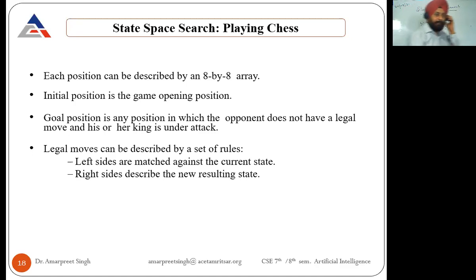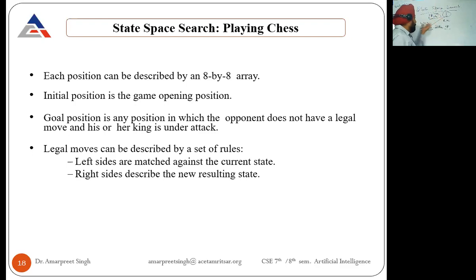The left sides are matched against the current state. So we have any state S1. If this state follows these conditions, then this step can be taken and we move to the new state. If this state does not follow the conditions defined in this particular rule, then you cannot take this step. So the left hand side is matched against the current state, and the right side describes the new resulting state.